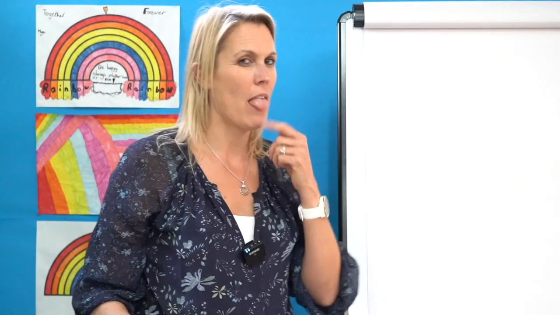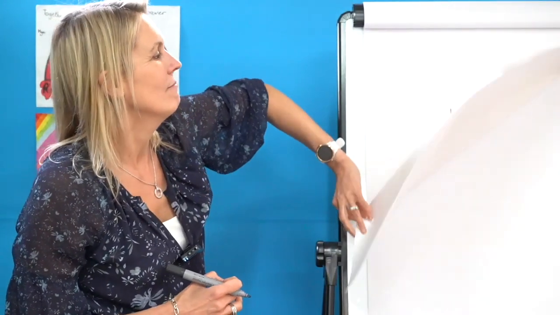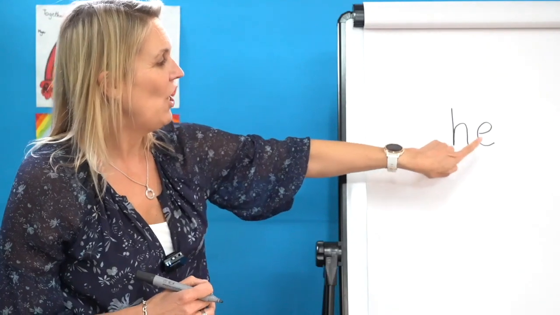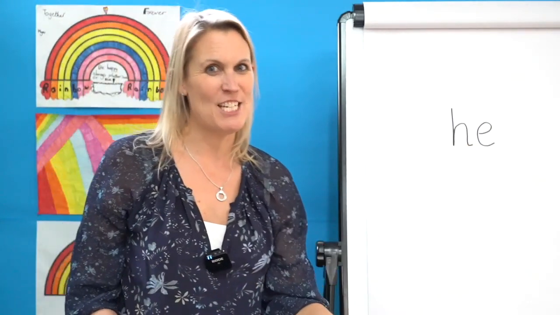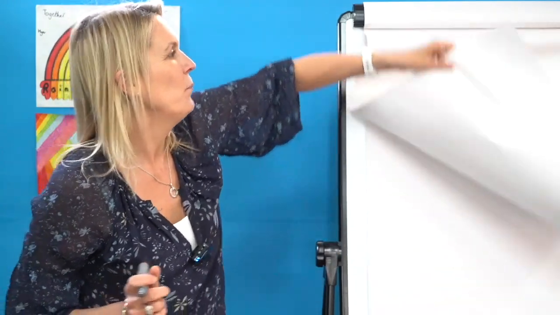Say the sounds. What's the tricky bit? The sound E is written with the letter E. That one's quite quick, isn't it? Let's check. He, E, he. Did you get it right? Fantastic. Now let's try another one.